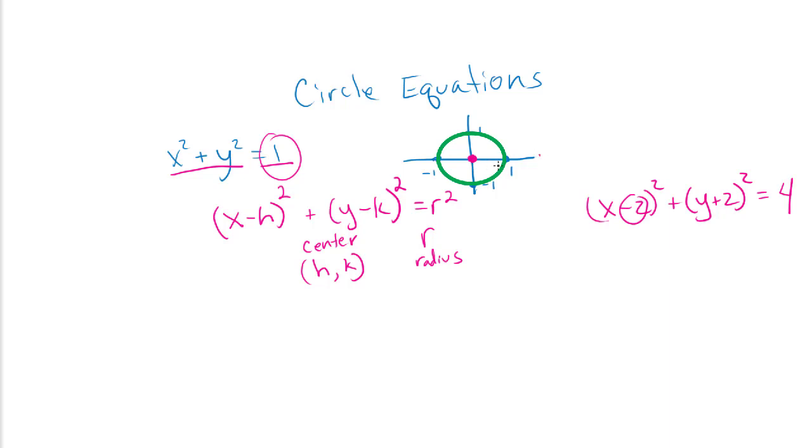And it would move 2 down for the plus 2 for the y, because that's essentially y minus minus 2. So I'd go 2 right, 2 down. This would be the new center of my circle. The radius squared of my circle would be 4, which means the radius of my circle is 2.